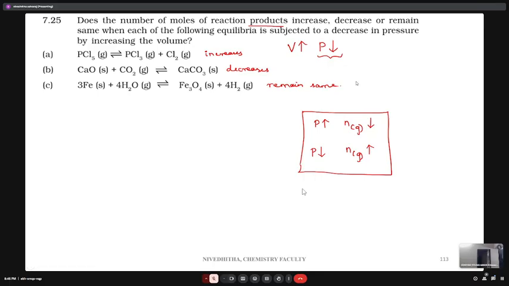Ma'am, in the first reaction, the products are both in gaseous state, ma'am. In the second, only the reactant is in gaseous phase, ma'am. And in the last, ma'am, both product and reactants have the same number of gaseous moles, ma'am. Okay.